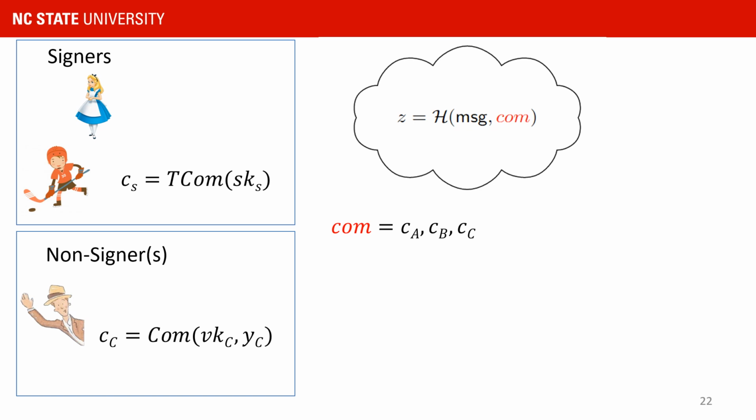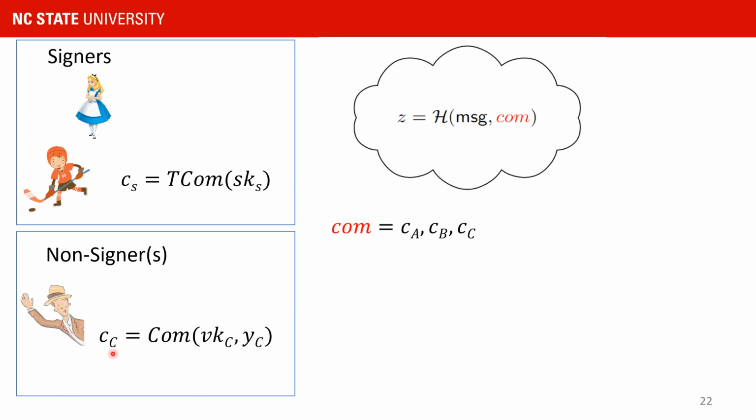So let's look at an overview of the signature scheme. All of my signers are working together. They're going to produce real commitments for the non-signers. So remember, you need a key to produce a trapdoor commitment, but anyone can produce a commitment using public information that the non-signers have associated to them.